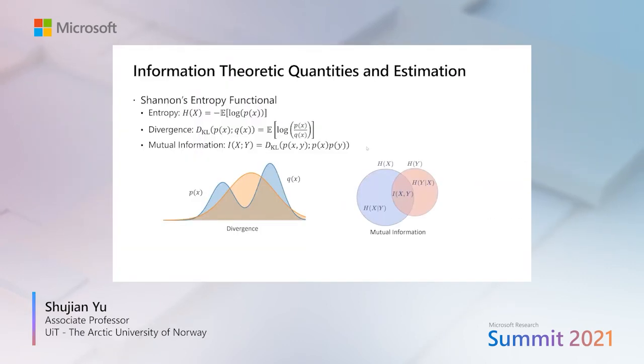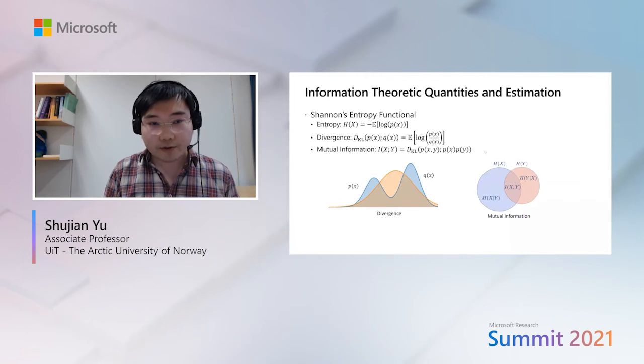In order to apply information theory to various machine learning or computer vision tasks, the most important first step is to have a way to effectively quantify information theoretical quantities such as entropy or divergence only from samples. This is because the traditional Shannon's functionals, such as the entropy, the divergence, or mutual information, are all defined over the probability distribution function of the data.